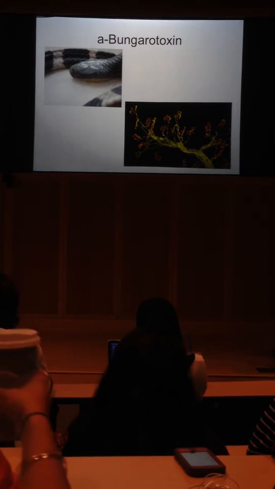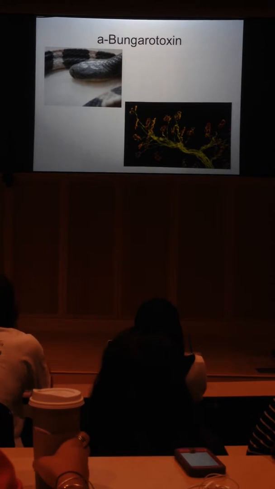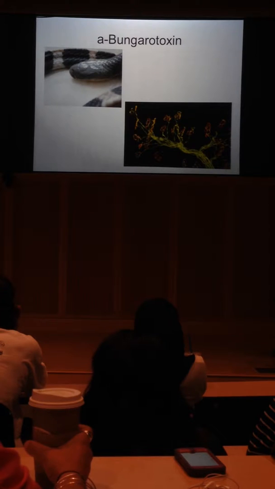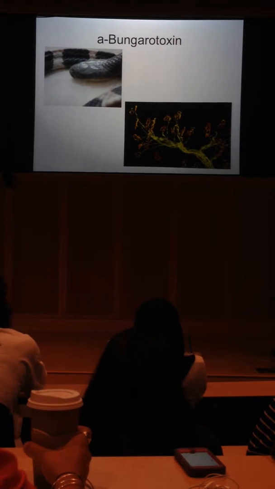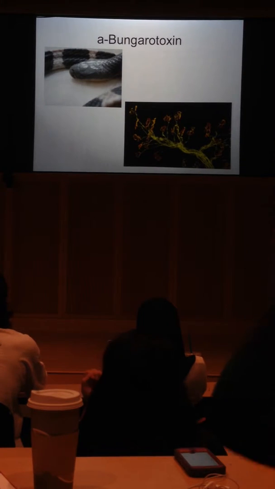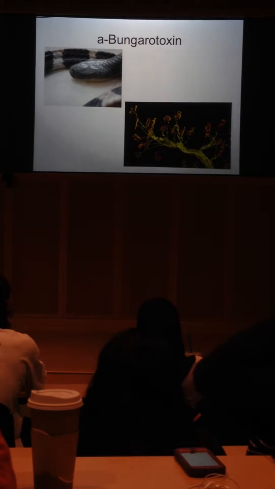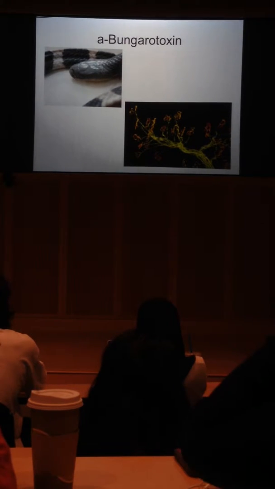You can take this toxin, put it on with a fluorescent molecule, and then bath apply it to your specimen, and then you do fixation, and using confocal microscopy, you can visualize how these receptors are arranged within the muscle, and you can really probe how they look inside. This is the arrangement of the motor neurons and the nicotinic acetylcholine receptors in the neuromuscular junction.